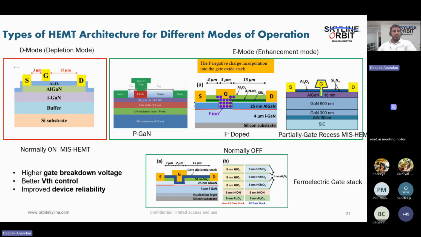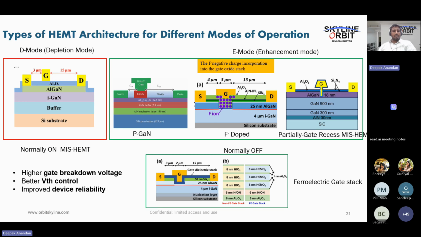The second technique is you need to recess a little bit in the gallium nitride, aluminum gallium nitride barrier, and grow high quality oxide layers. In that, you need to do the fluorine ion implantation. The fluorine ion implantation is basically a negative ion, which depletes the carriers beneath the channel.